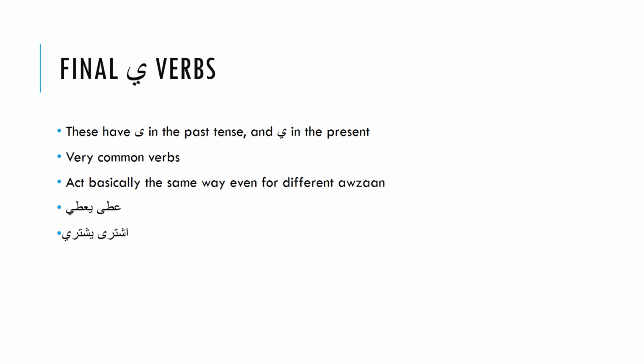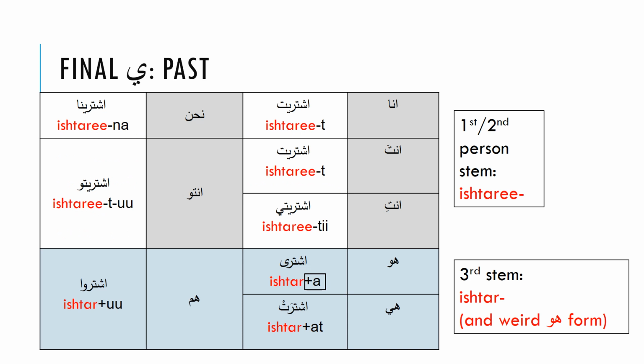Don't worry about that. It's going to act the same way as ata yati, khalla yakhalli, haka yahki, to speak. All of these things are going to act very similarly. And that's one of the nice things about this pattern, is this pattern is very extensible and usable for other verbs.